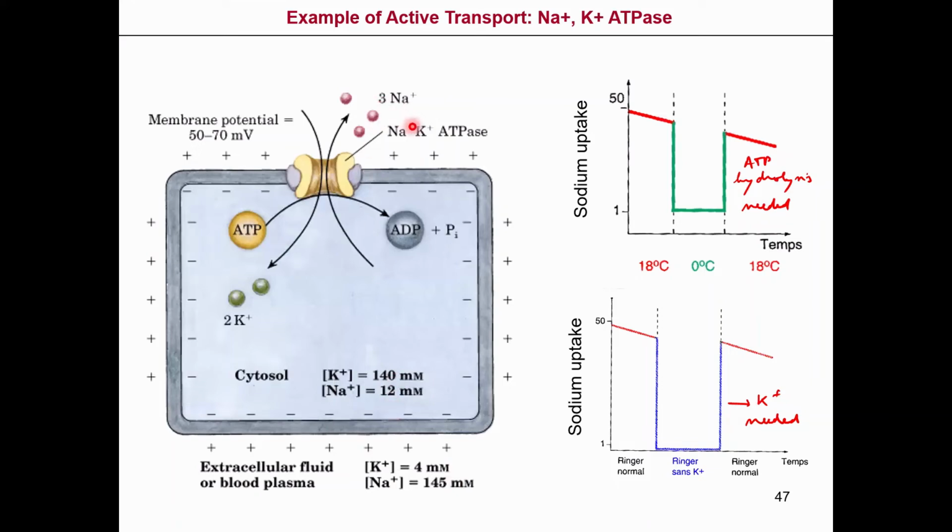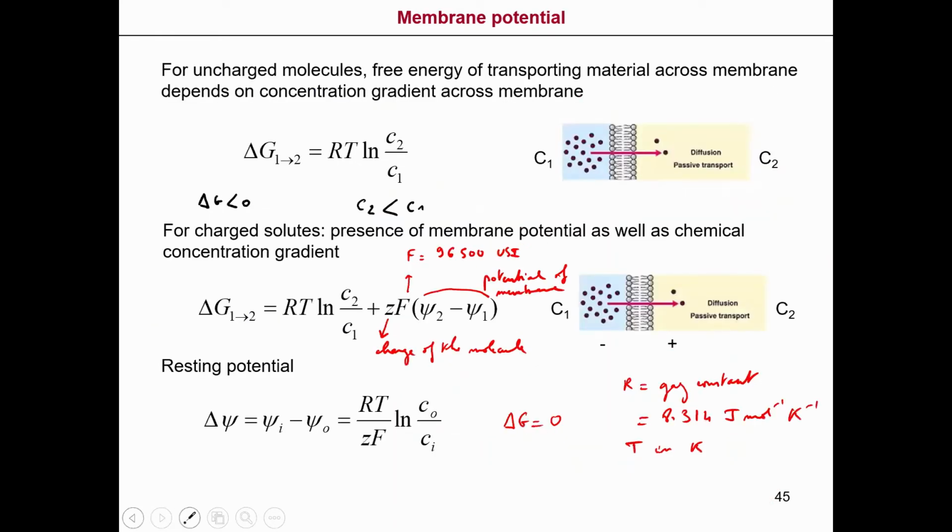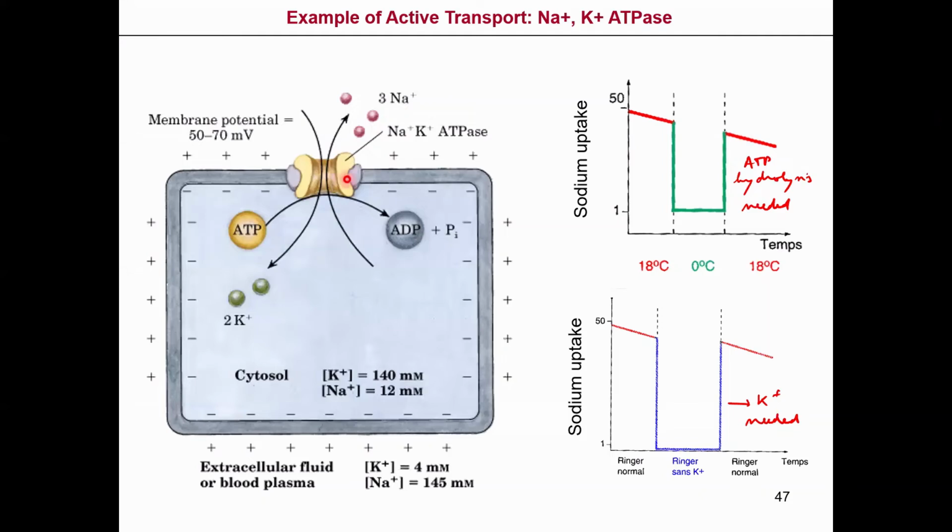So we will transport, against the concentration gradient, the potassium from outside to inside, and the sodium from inside to outside. So both are active transport, because it's against the concentration gradient, and it is what we called an antiport, because the two solutes transported are in opposite directions.